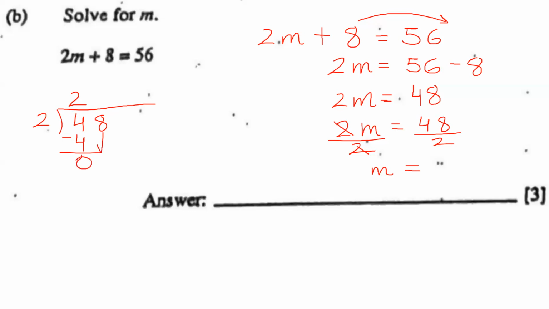We bring down the 8. How many times does 2 go into 8? That's going to be 4 times, right? So 2 times 4 is 8. 8 minus 8 is 0. So that means that 48 divided by 2 is 24.